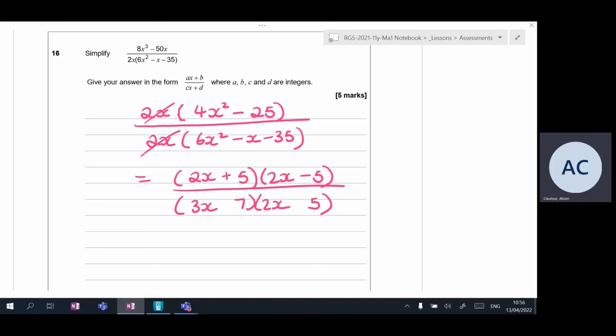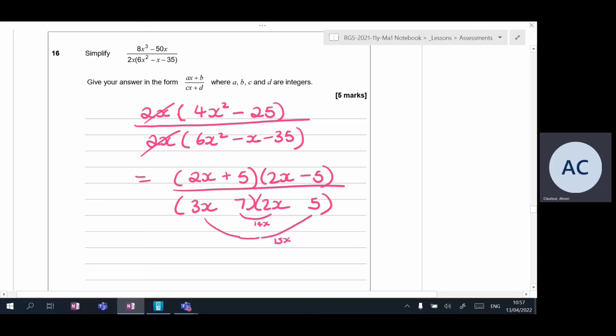The reason I've done that so quickly is you know it's got to be 3x and 2x because there has to be a 2x in there. And you know the 5 has got to be with the 2x, so therefore the other bracket's got to be 7, and then you can just fill in your signs. So we've got 14x here, when you multiply out 15x here.